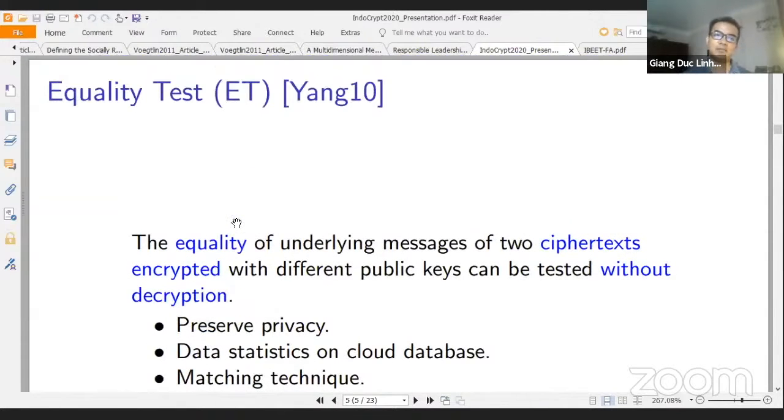The equality test comes from the demand that we should be able to compare two ciphertexts without decrypting them. This will help us preserve privacy and have the computation on the cloud database without the risk of knowing some underlying message that the customer doesn't want to share.